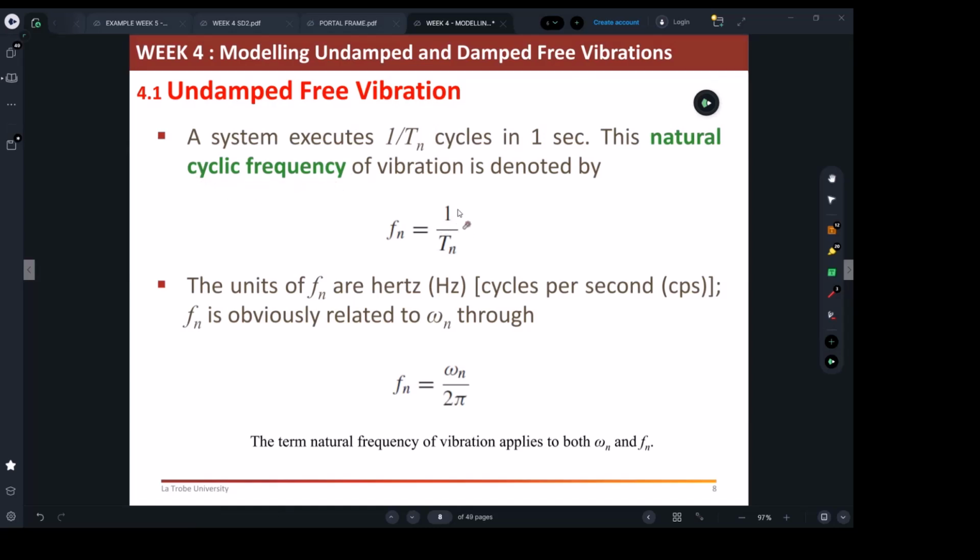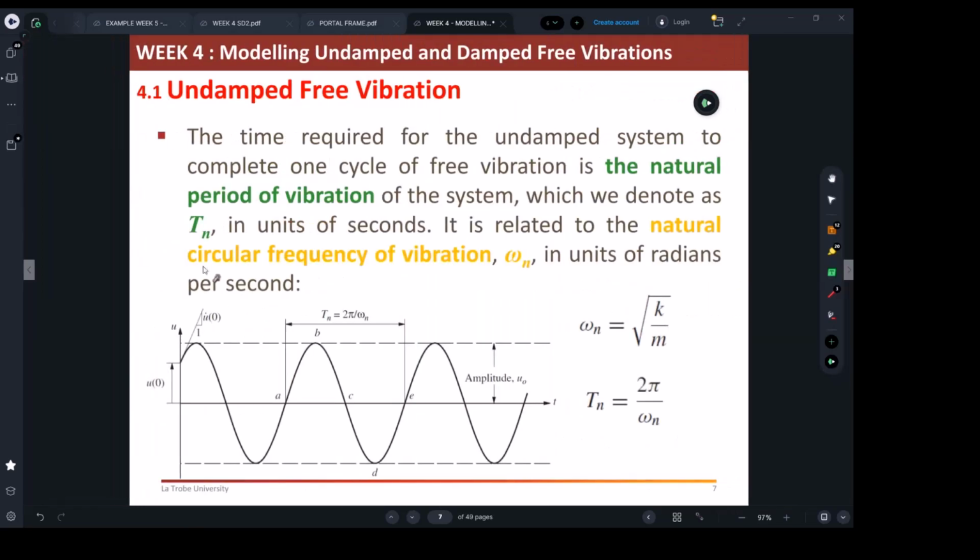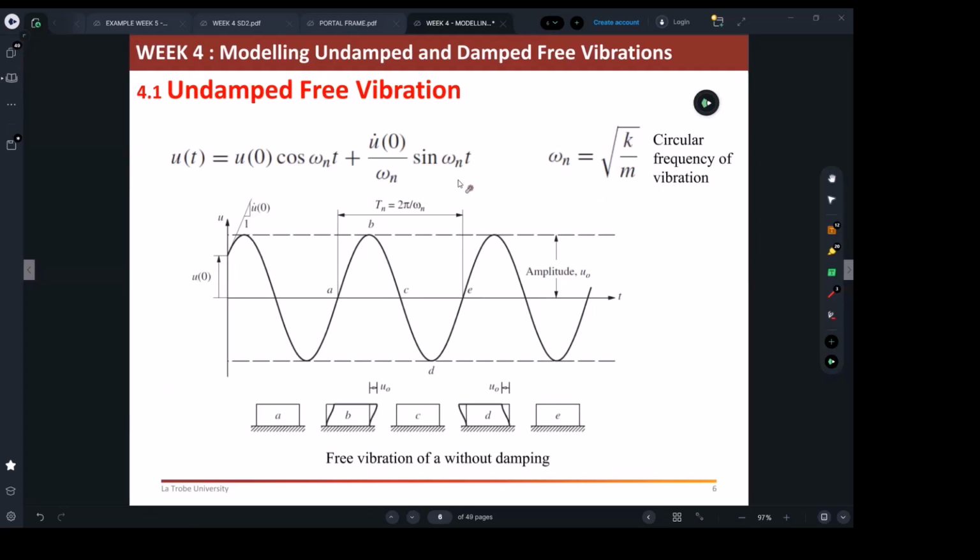If it's cycle frequency, then it is just the inverse of the natural time period. But if we're talking about circular frequency, it's not only the inverse, you have to have it in function of pi.